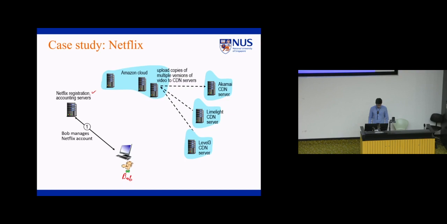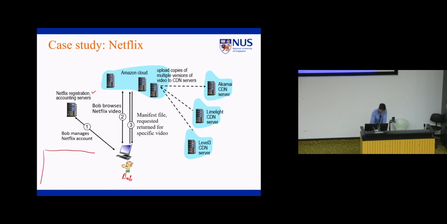Then Bob is browsing the Netflix videos over the web using his browser, which is served by Amazon's cloud. And once Bob clicks on a video to play, he requests the manifest file for that specific video. This manifest file is, again, something like a catalog.